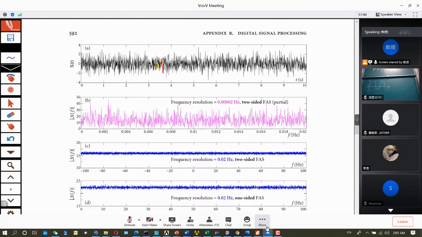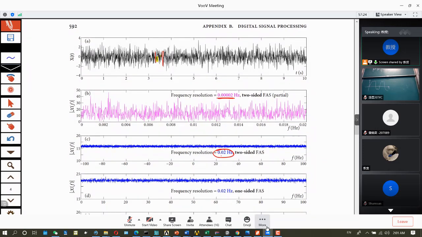And then we can plot the Fourier amplitude spectrum. In this case, if you use very high frequency resolution, because of the resolution in simulation, you can see it has a lot of variation. Now, if I decrease the frequency resolution to 0.02 Hertz, it's quite flat, okay?